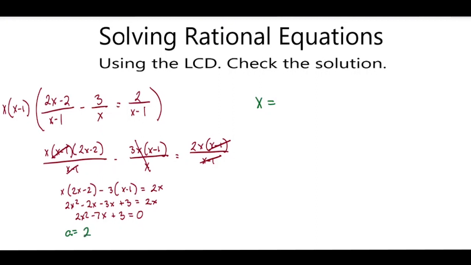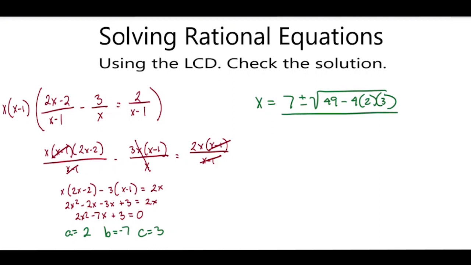So a is 2, b is negative 7, and c is 3. So this is going to be x equals negative b. So that is a negative 7, which is a positive 7, plus or minus the square root of b squared, which is 49, minus 4 times a, which is 2, times c, which is 3, all over 2a, which is 2 times 2, which is 4.